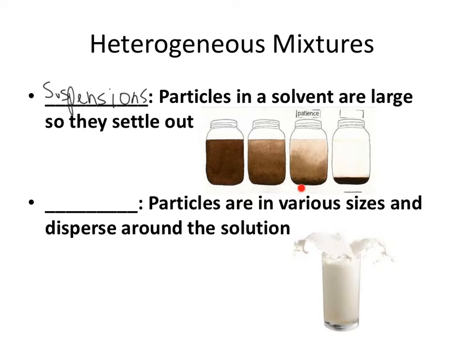And so, like if we have muddy water, at first it's going to look like it's pretty mixed up, but then we're going to see settling over time. So they're going to settle out of solution. The other type are when the particles are in all various sizes and they're not actually dissolved, but they're going to stay dispersed around the solution, and these are called colloids.